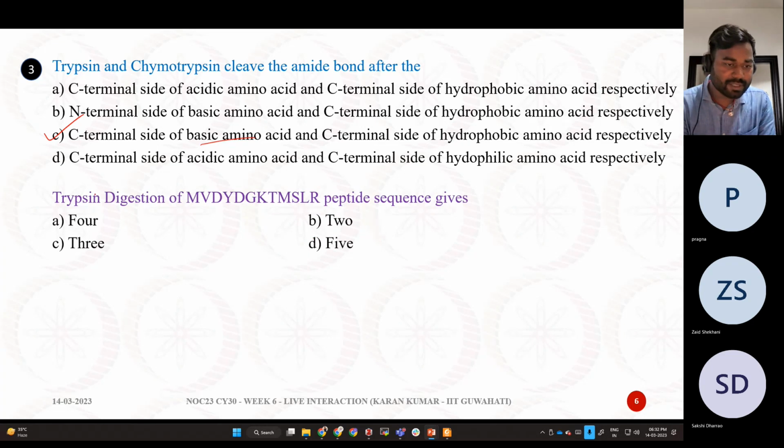So now the next question, based on the previous discussion. You have a trypsin digestion here. Tell me how many peptide fragments you will get if you digest this peptide sequence with trypsin. 4, 2, 3 or 5?